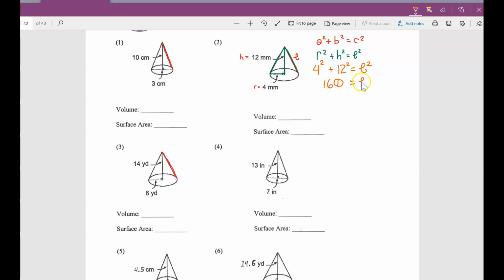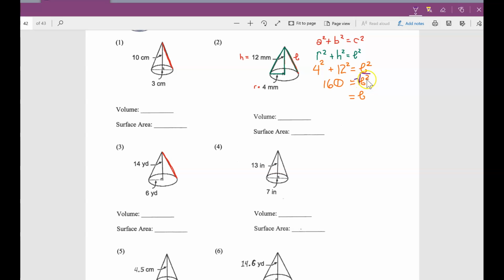That's equal to your slant squared. But remember, we don't want the slant squared, we just want a slant. So how do we go from slant squared to just the slant? To get rid of that exponent, we need to find the square root.